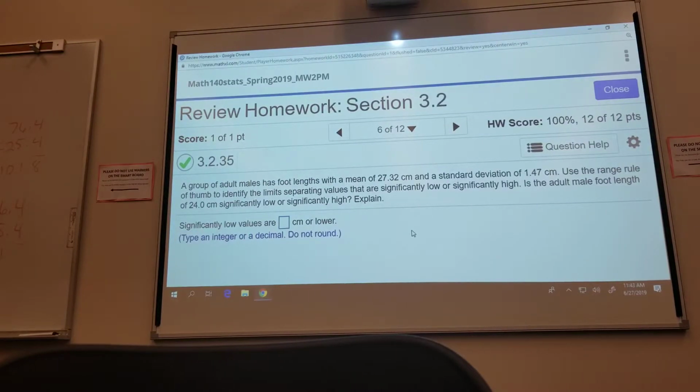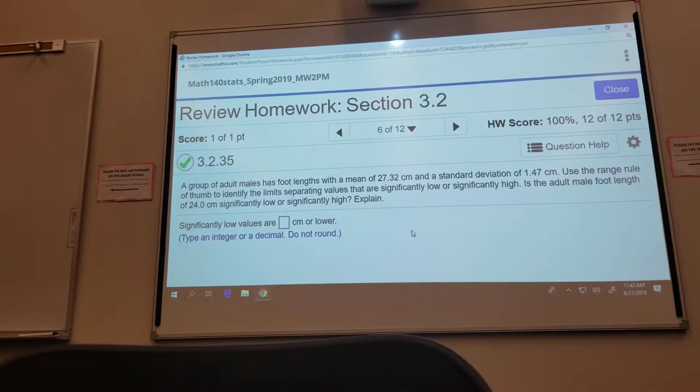Does the range rule of thumb appear in the packet one? Yeah, it's on page 19. I got 20.8. The formula is mean plus or minus 2 times standard deviation.